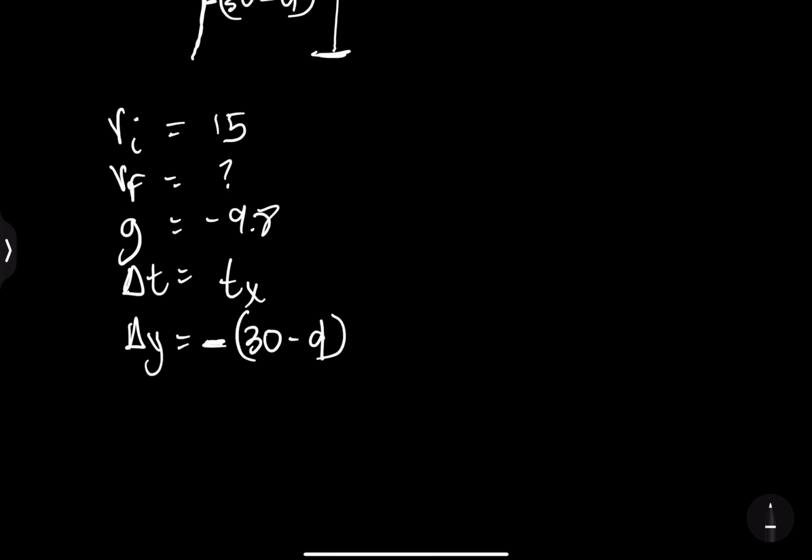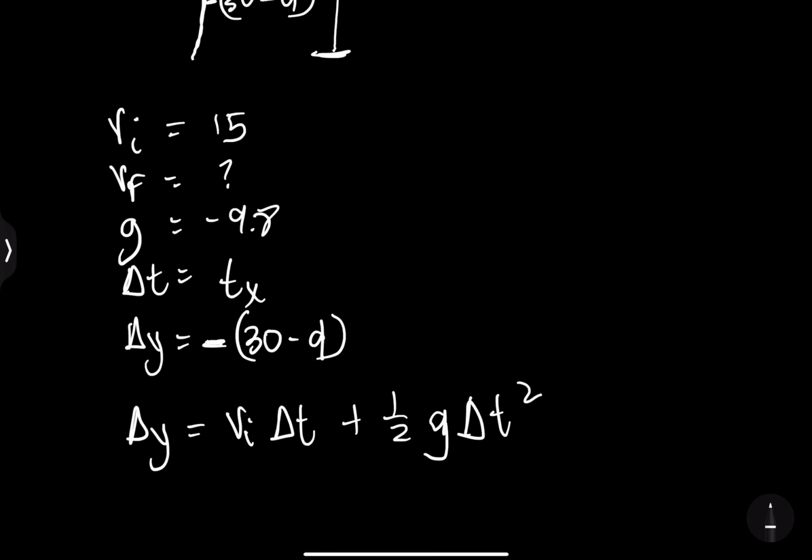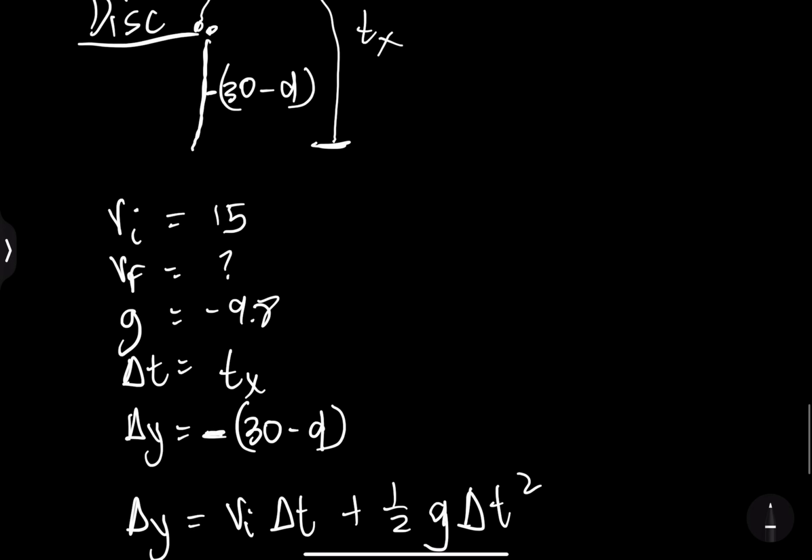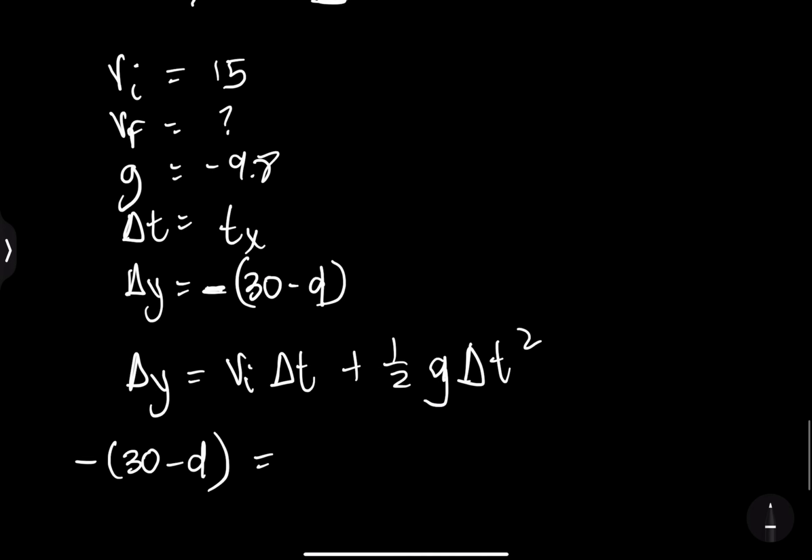Taking the very same formula, delta y equals vi delta t plus 1 over 2 g delta t squared, let's substitute. That's minus (30 minus d), which is equal to, now, that was 15.